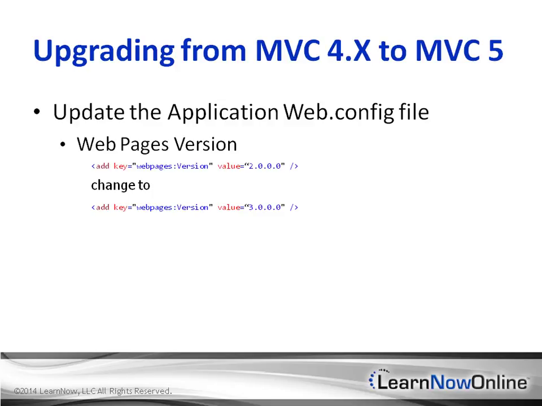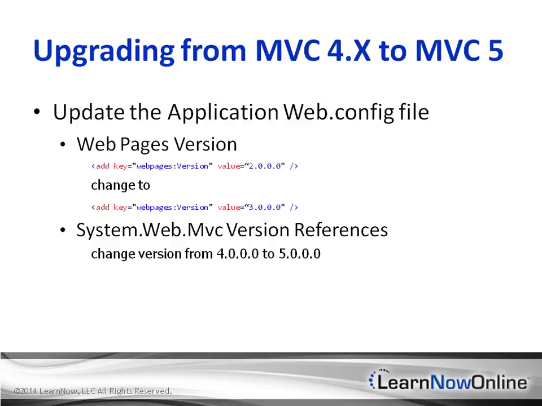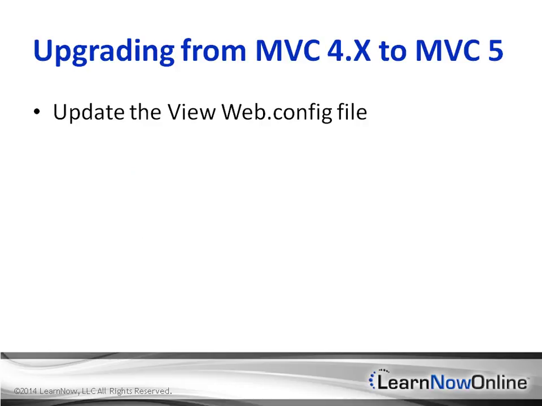You can't use the Razor 2.0 engine with MVC5, and you can't use the Razor 3.0 engine with MVC4. So when you upgrade from MVC4 to 5, you're not only updating MVC, but you're also updating the Razor View engine. We have to go into the application webconfig file, and we also have to change any references to system.web.mvc versioning from 4 to 5.